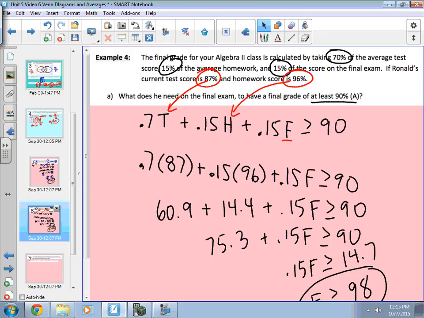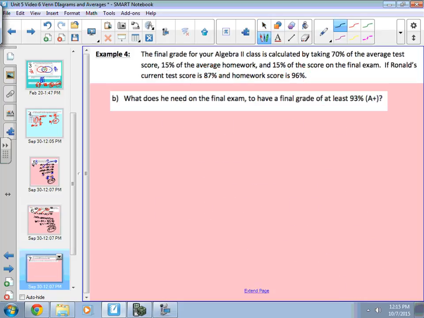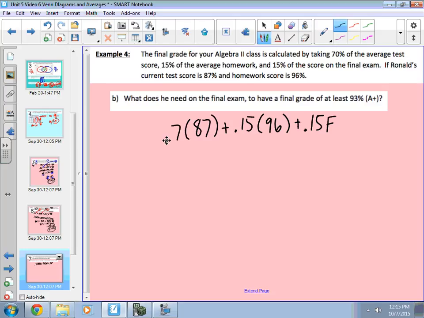How do they get that to be greater than or equal to 93%? So we write down basically the same thing here: 0.7, again, times 87 plus 0.15 times 96, plus 15% of the final, this time greater than or equal to 93.